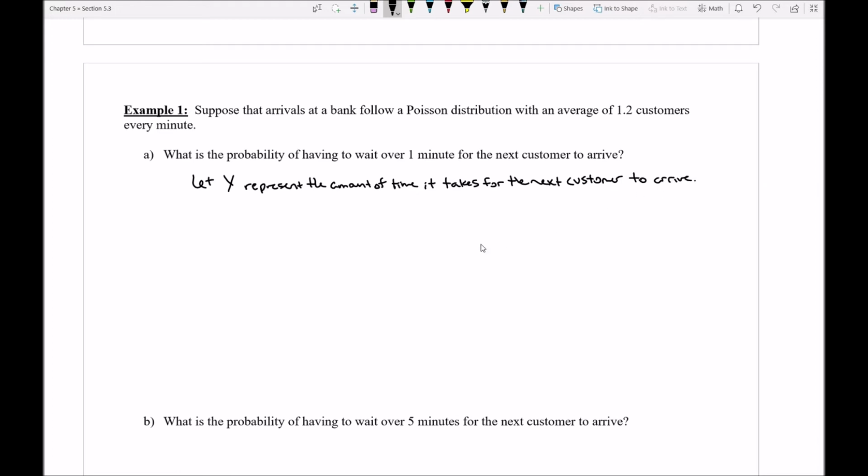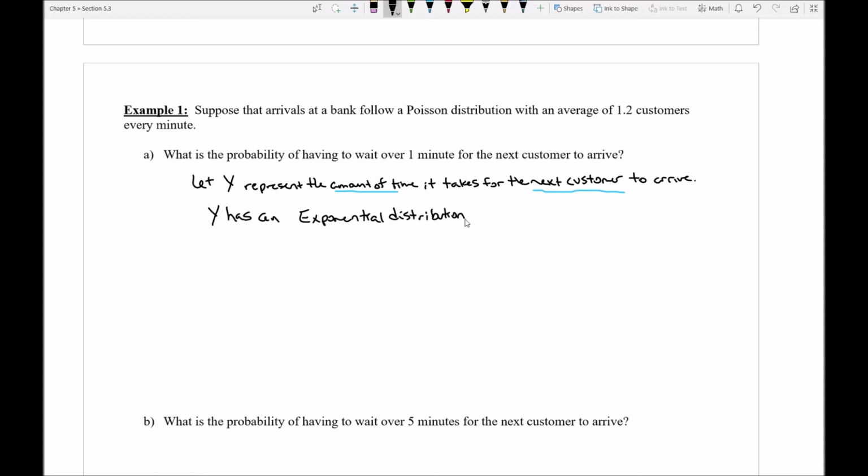So let's say Y is that amount of time. Again, since we're interested in measuring the amount of time it takes for the next occurrence to happen, that is an exponential distribution. So we can say Y has an exponential distribution.